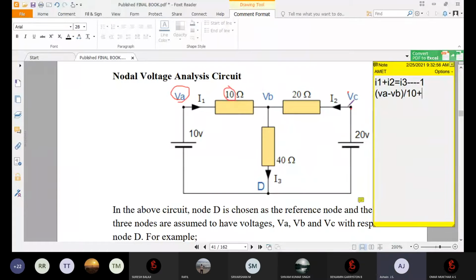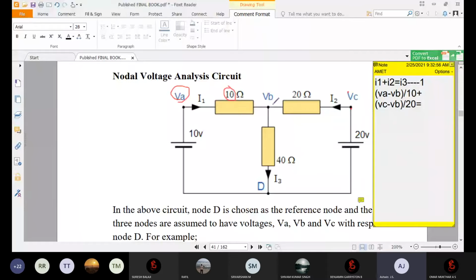Similarly here, what about I2? I2 is VC minus VB. Look at the current flow first. The source is here only, so we have to write VC first, then minus VB, divided by 20, equal to I3.